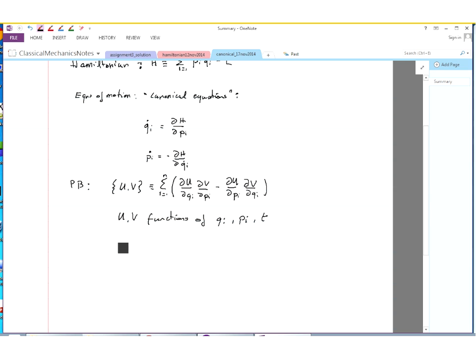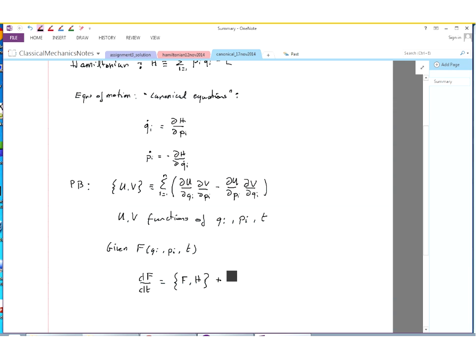We also saw that the time dependence of any function, so given some function f of the q_i, p_i's, and potentially t, we found that df/dt, so how f depends on time, was simply given by taking the Poisson bracket of the function f with the Hamiltonian.